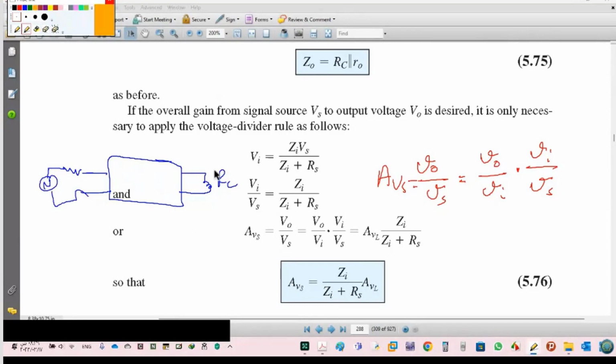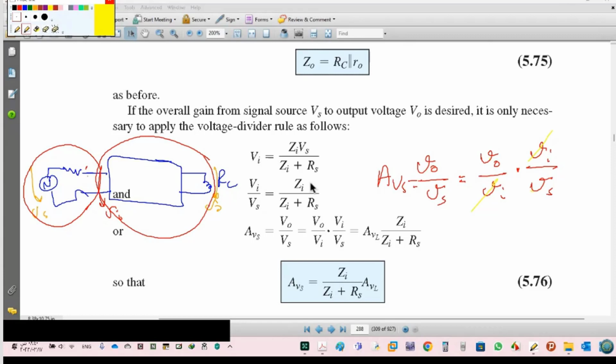This is VO. I need VO over VS. I will use this step, VO over VI, then VI over VS. So this over this, multiply this over this. If you want to calculate, you omit this with this, then you can get VO over VS.